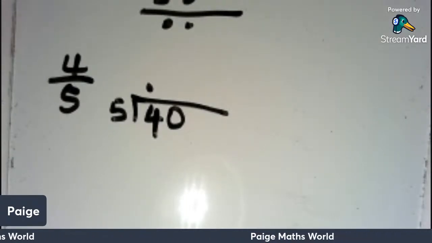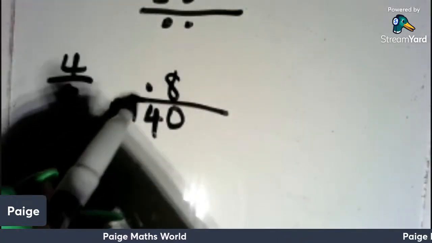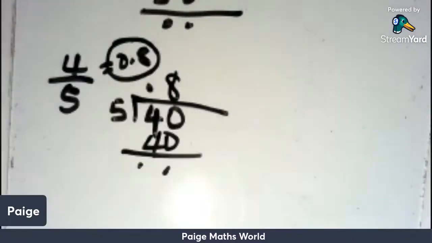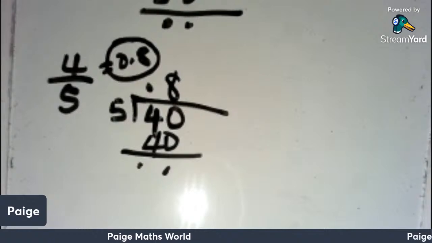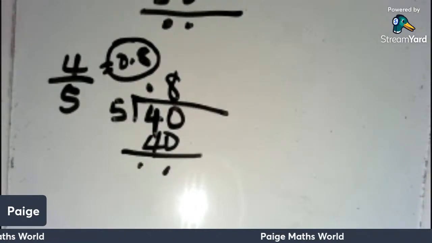Thank you, Raymond. 5 eights are 40. All right, 5 eights are 40. So we get 0, 0. So our answer for this one is 0.8. So 4 upon 5 as a decimal is 0.8. Good job, Ray. You got that one correct.